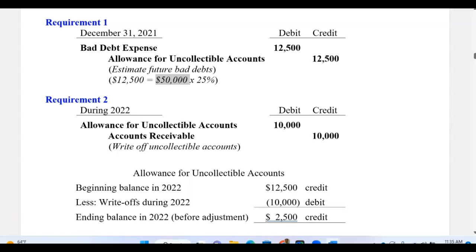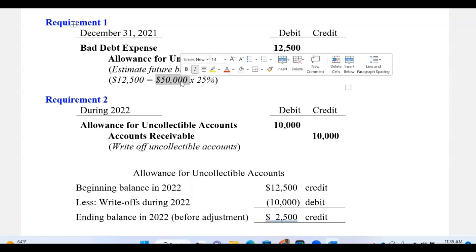But your net credit sales is not 50,000. Your net credit sales is probably maybe 5 million, right? So with net credit sales percentage, you are calculating based on the big amount of net credit sales for the whole year, which let's say, for example, is 5 million.